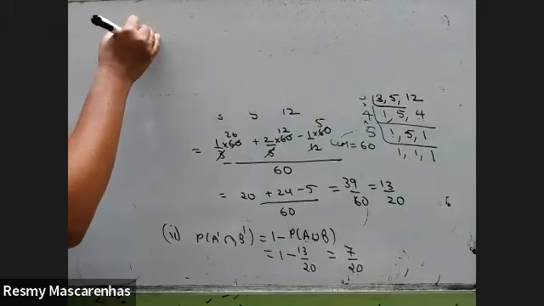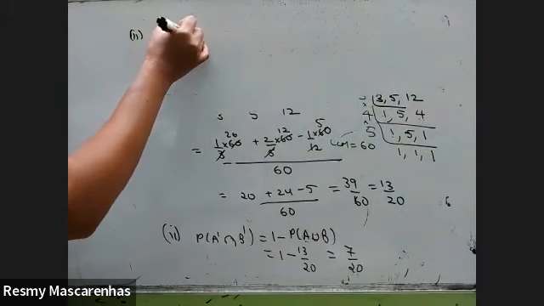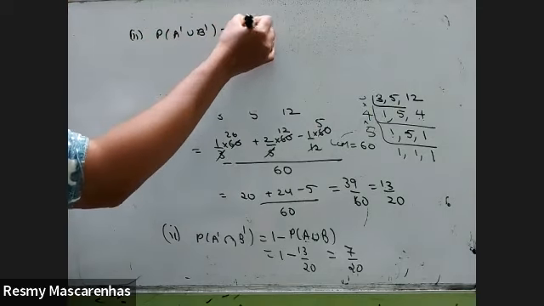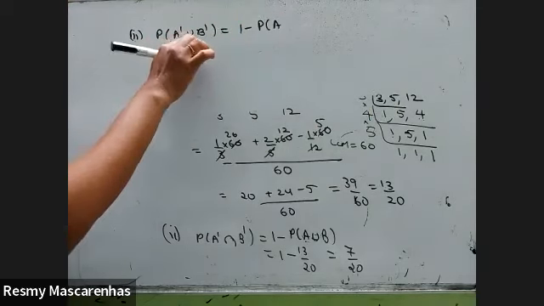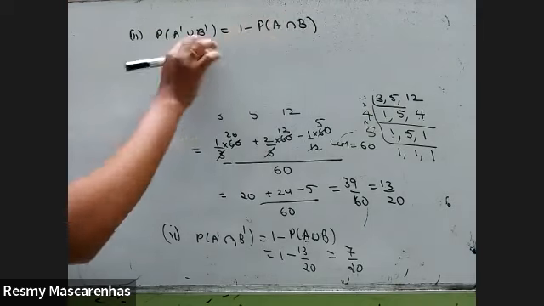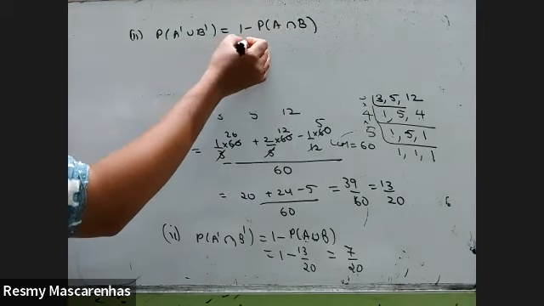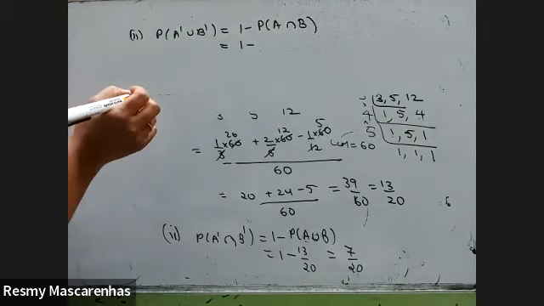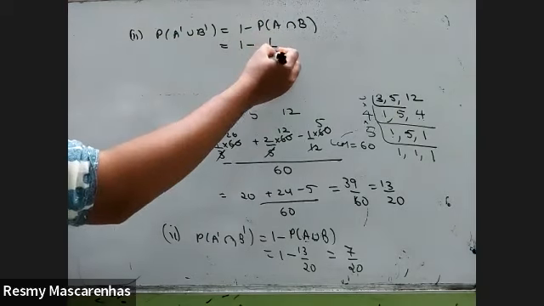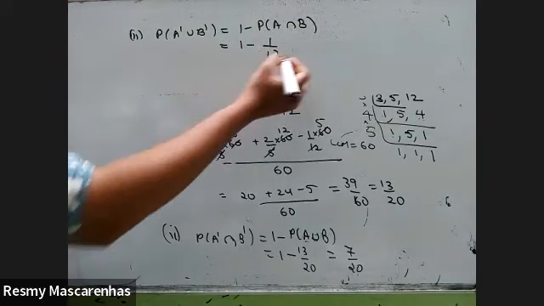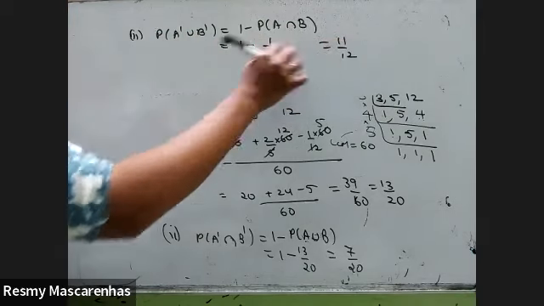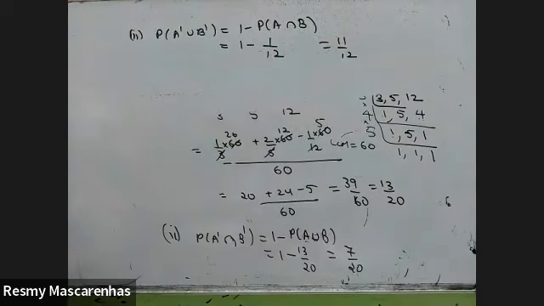Third one, if this is union, this will be intersection. This is already given to you. Answer is 11 by 2. Cross multiply. Both one.